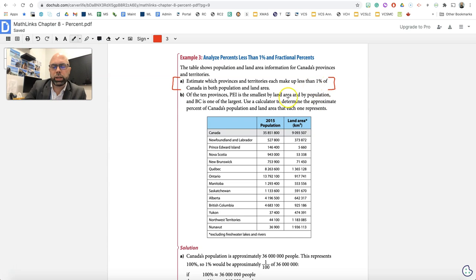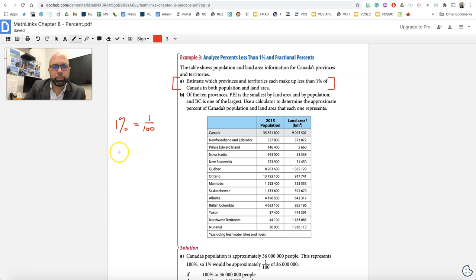Keep in mind, 1% is the same as 100th part. Now, they say population and land area. So population is 35 million. What is 1% of 35 million?